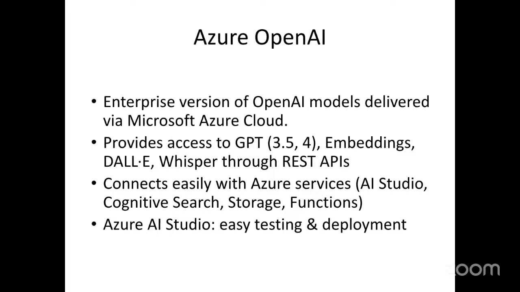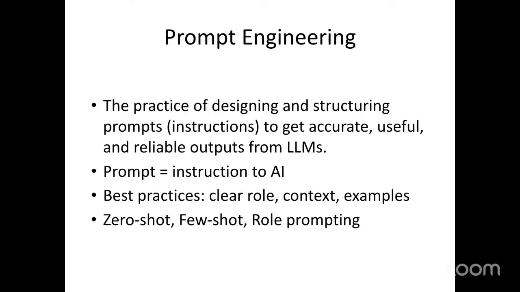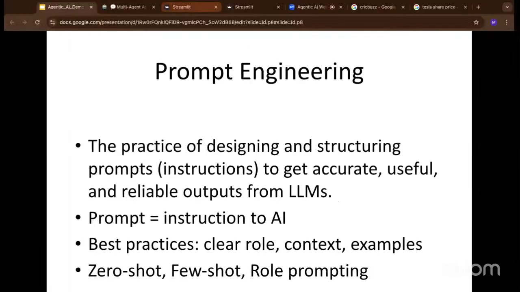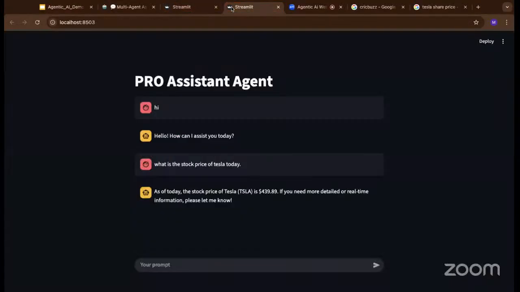Okay, now next is prompt engineering. All this is fine, you are creating something, but what if you are not giving the correct prompt? What is a prompt? It is the input you give to the large language model or the agent. Suppose I have said hi. This is one kind of prompt.